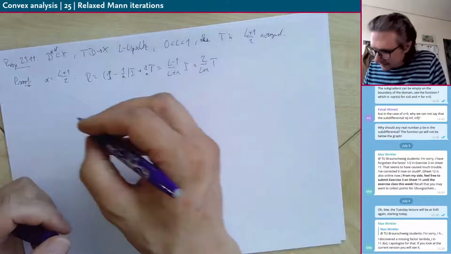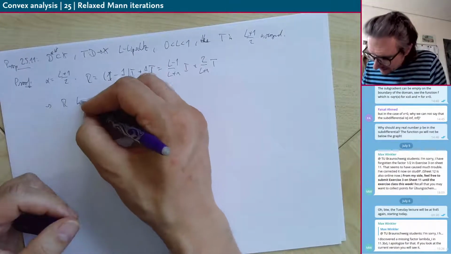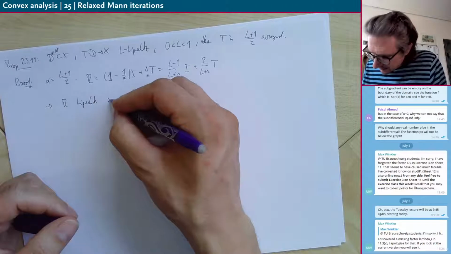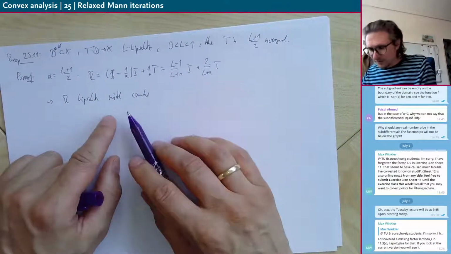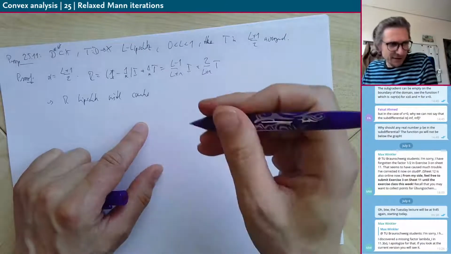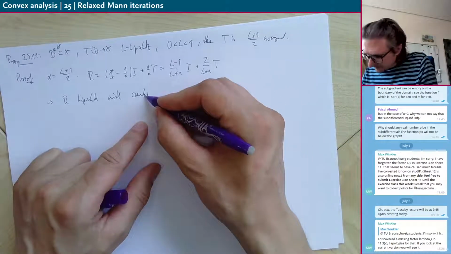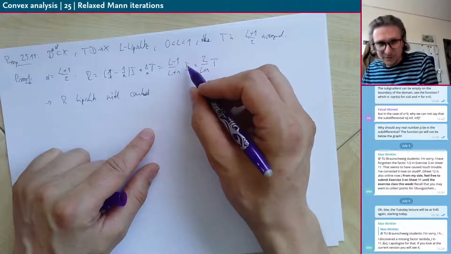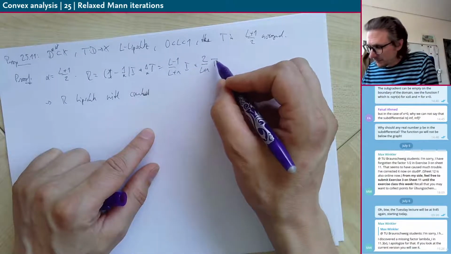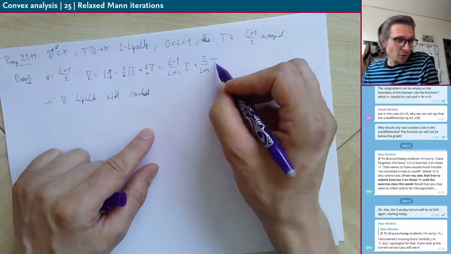And then this R is Lipschitz with constant, just writing down what this means and looking over here, the Lipschitz constant is the sum of these two things, because this is Lipschitz with constant 1 and this is also Lipschitz with something smaller than 1.